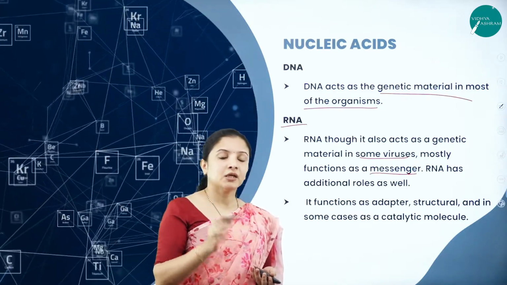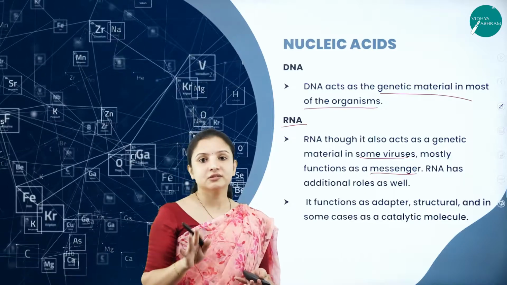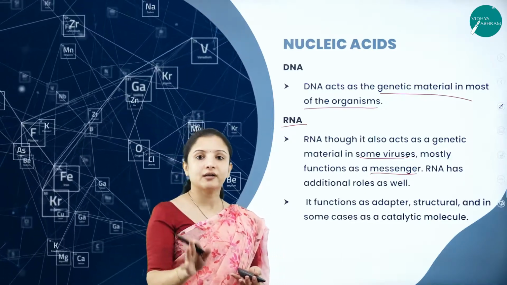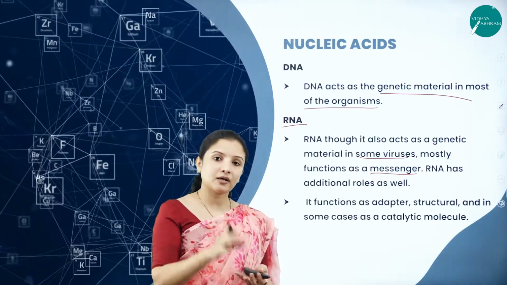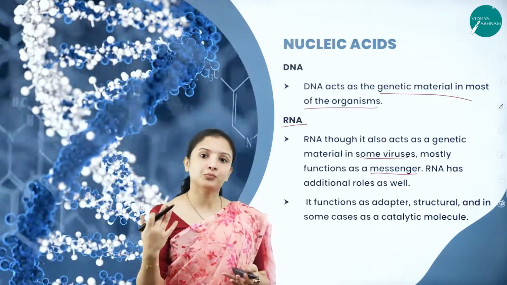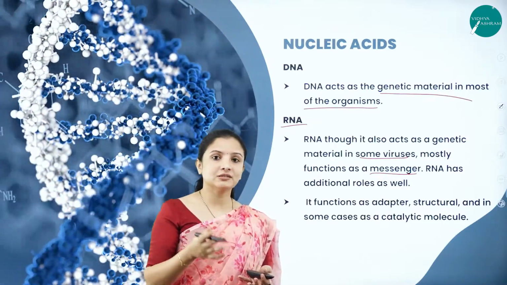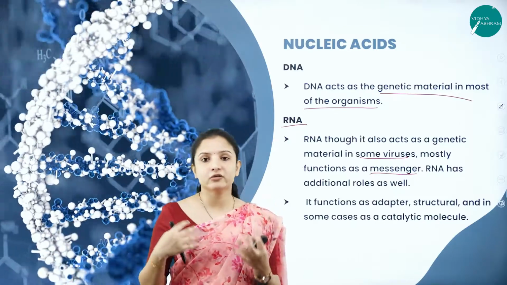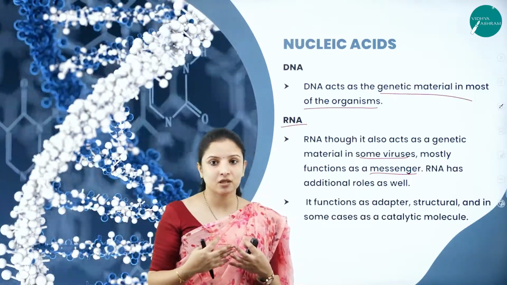So at that time, if the codes present on the DNA have to be read, then RNA has to be produced. That mRNA is the one that will actually synthesize the proteins later on, and those proteins are utilized for various biochemical activities taking place in a body.